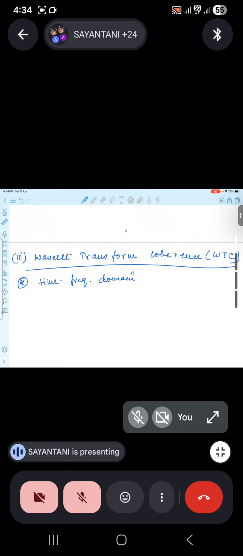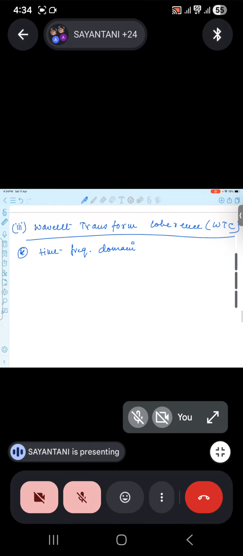We basically choose a mother wavelet, and then we either expand or compress the mother wavelet in order to obtain parallel time and frequency domain information. We had discussed that in the last class. So mathematically, how is wavelet transform coherence defined?